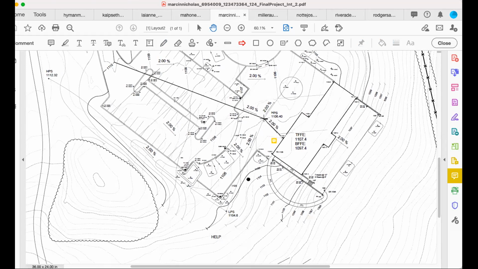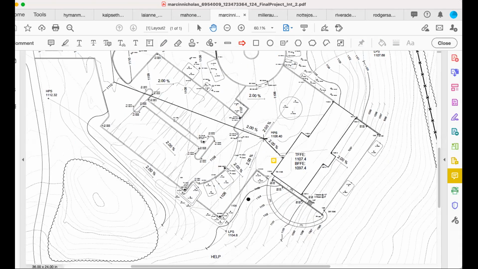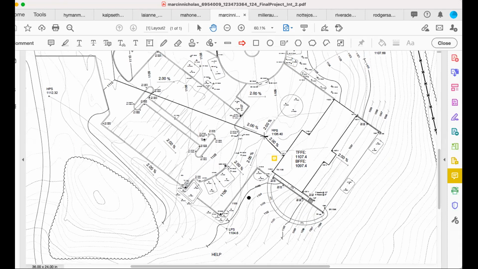We have 1106.5. Nick, do you mean 1107? You're having some difficulty with 1107? Yeah, the contour in front of the building. There's two lines that are in the building right now, and that's what happens when I offset them. They cross in the building, so I don't really know what to do there.